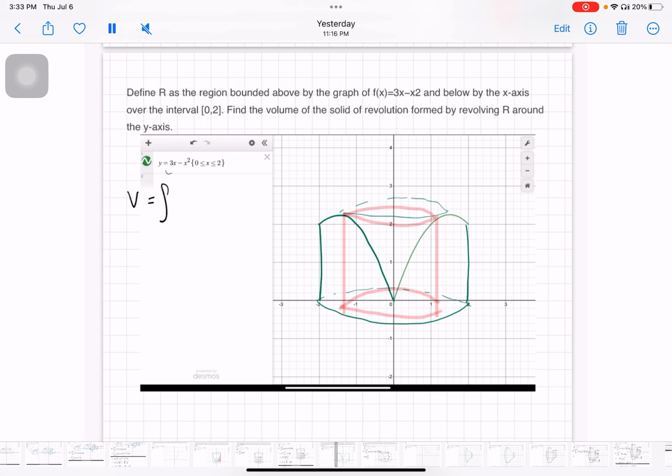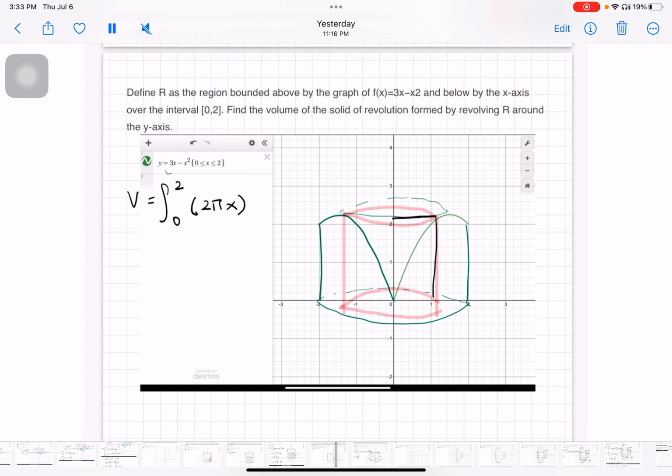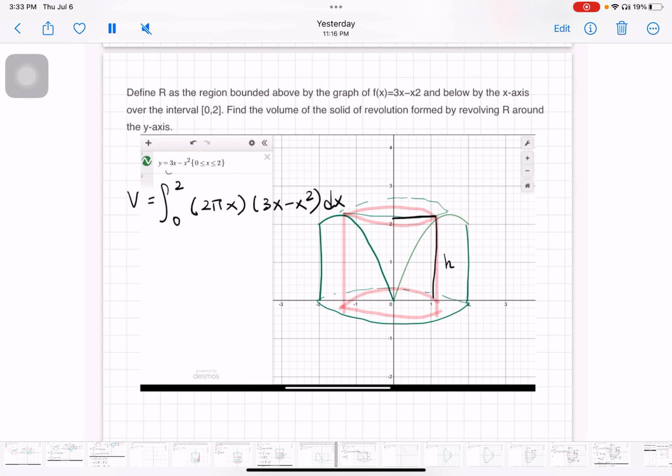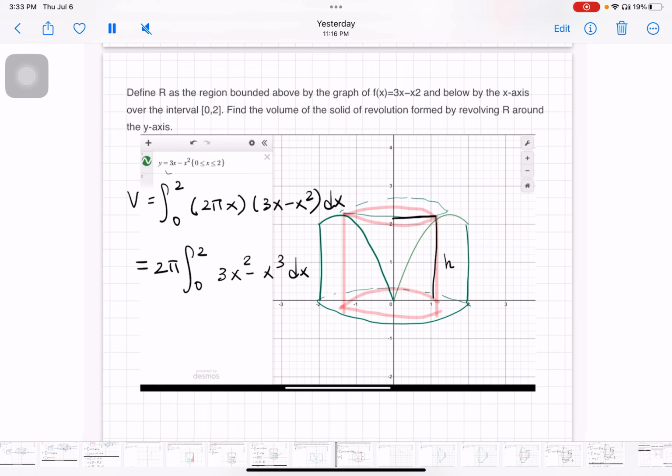So the volume is going to be the integral from 0 to 2 of 2 pi r, or 2 pi x, multiplied by the height, which is the y value, 3x minus x squared. Evaluate it, pull out the constant 2 pi to the front, and multiply the x and the 3x minus x squared.